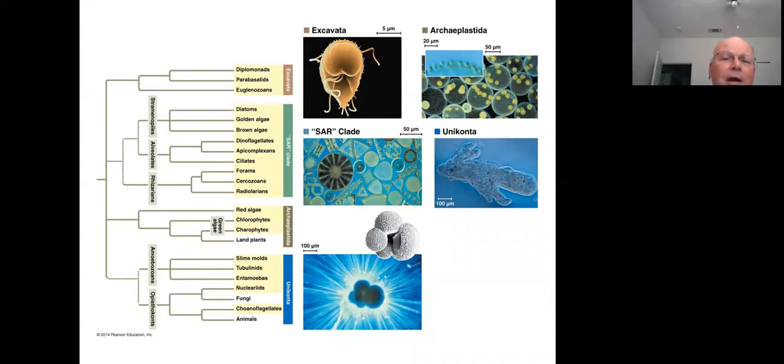But no one has come up with a formal name for the group. So until someone comes up with a more formal name for the group, it continues to be called the SAR clade. I often say that no one has really decided on a cool and sexy name for this group yet. However you want to look at it. So we still call this large group the SAR clade until someone comes up with a better name for it.